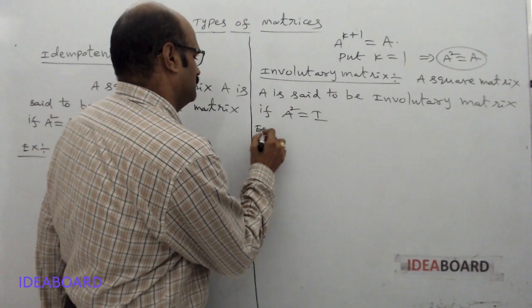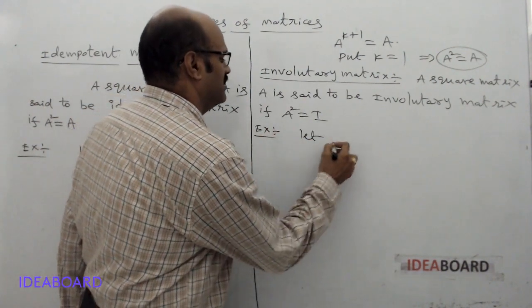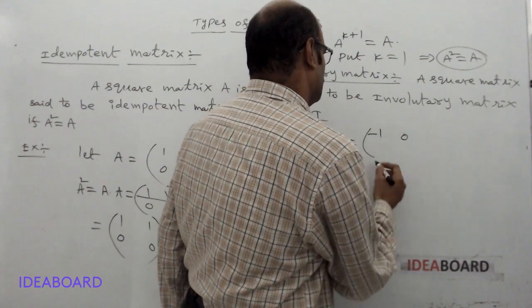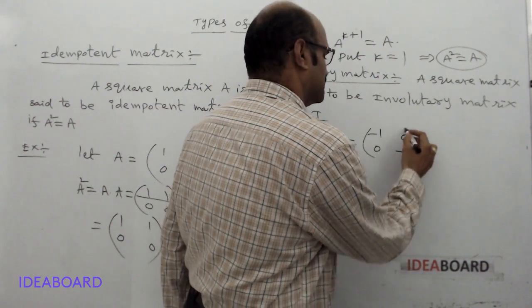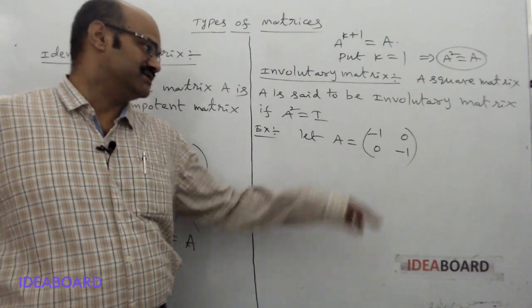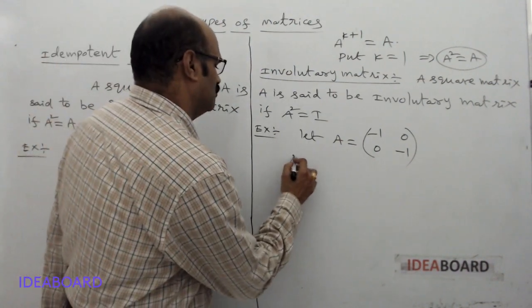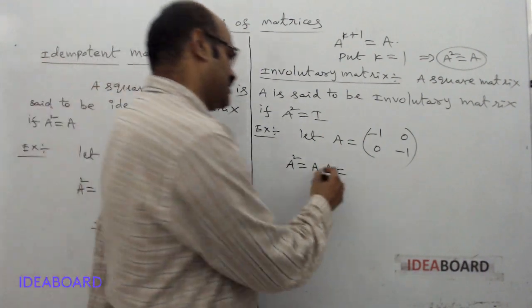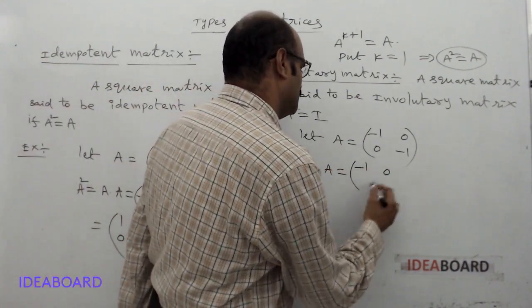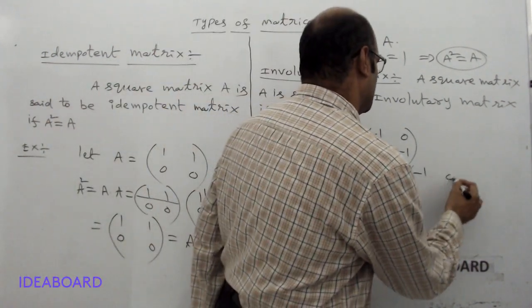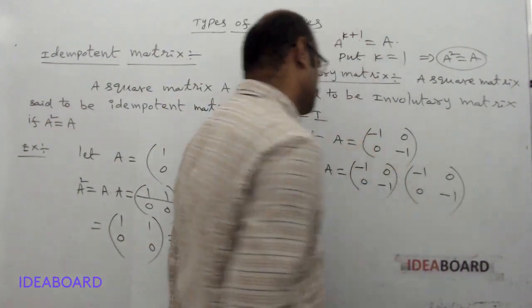Example: let me take A equal to [-1 0; 0 -1]. Now find A square. A square equals A into A, which is [-1 0; 0 -1] into [-1 0; 0 -1].